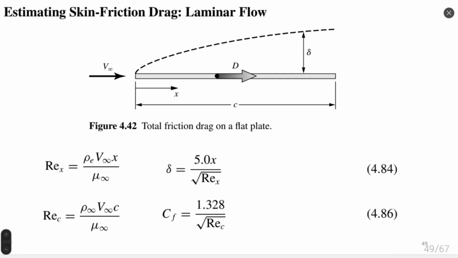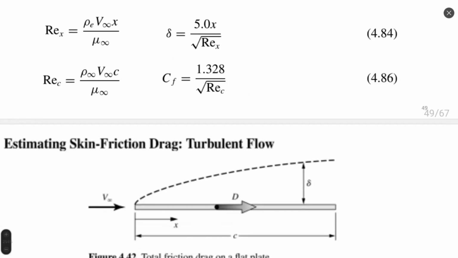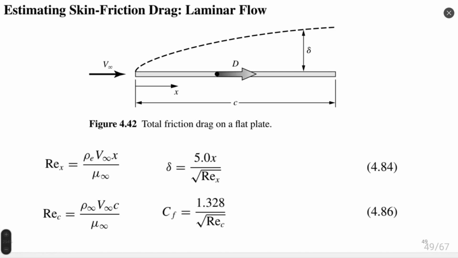Reference value, reference size is a chord size. Thickness of boundary layer is increasing. This is why we have also x in numerator. We have x in numerator, we have x in denominator. So once we simplify this, we will obtain something like square root of x.